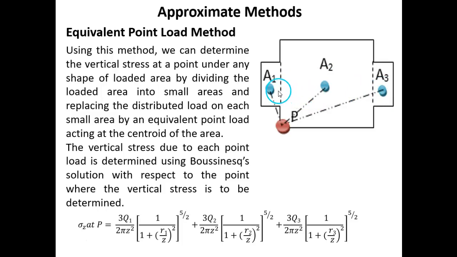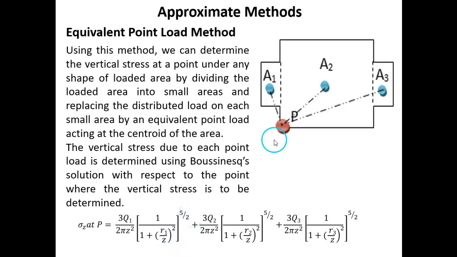So if we assume the UDL as equivalent point loads, and if we find the radial distance from the point loads to the respective point about which we are going to find the increase in stress, then we can use the Boussinesq point load equation, where increase in stress equals 3q by 2 pi z square into 1 by (1 plus (r by z) square) to the power 5 by 2.